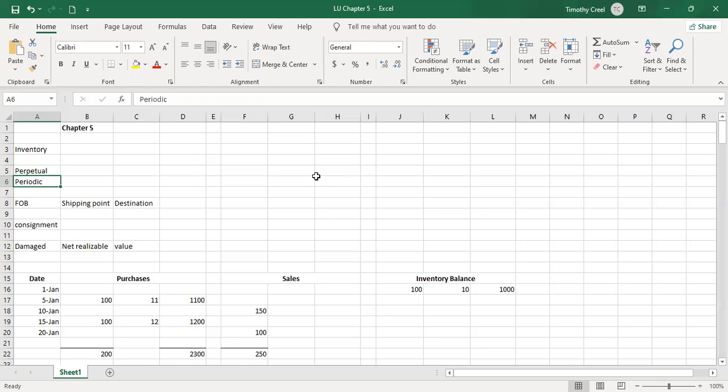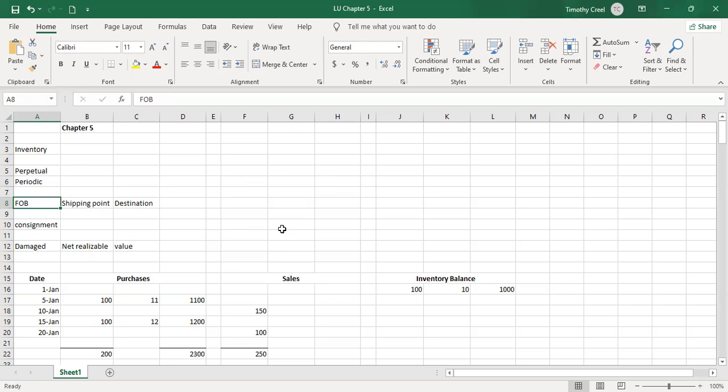How much they've sold and what they've got left, basically. So periodic is not used as much anymore. It's still kind of a hybrid method, maybe used somewhat with some grocery stores, but not used as much. Most people use perpetual since systems are able to update things on a regular basis as new items come in, as items are sold.